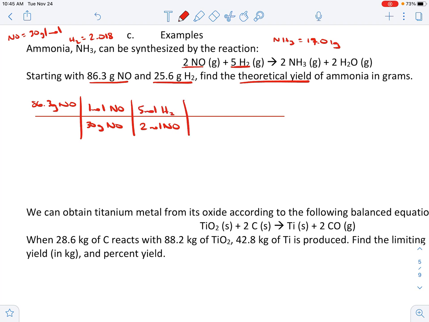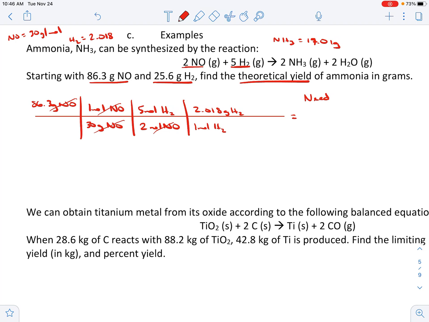All right, that's our mole to mole ratio, and our moles cancel there. All right, now we say 1 mole of H2 has a molar mass of 2.018. All right. And now we're ready to calculate. This is going to tell us, if we react all of our NO, how much H2 we need. Then that will in turn tell us our limiting reactant.